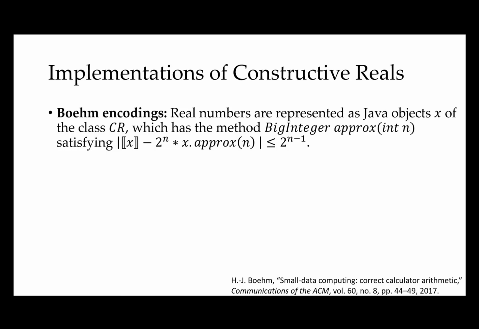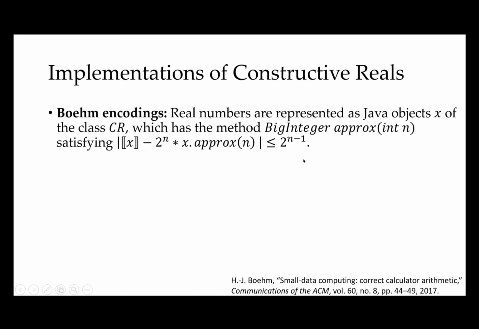So how do these Boehm encodings work? A real number, written in brackets x, is represented as an object x, which has a method that takes an integer, the level of precision as I said earlier, and gives back a big integer.